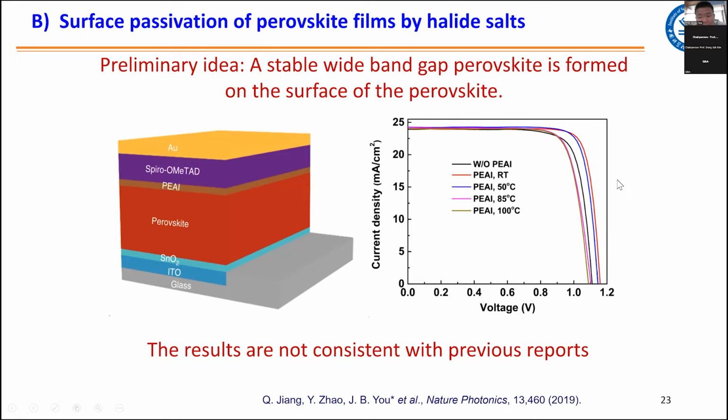At the beginning, everyone believed that if you heat, some two-dimensional perovskite film could be formed, because the PbI2 could react with the organic iodide. On the last page we showed that the white dots are PbI2, and PbI2 could react with the organic iodide to form a two-dimensional perovskite on the surface. However, our result is totally different. We saw this organic molecule itself can passivate the defects and reduce the VOC loss.